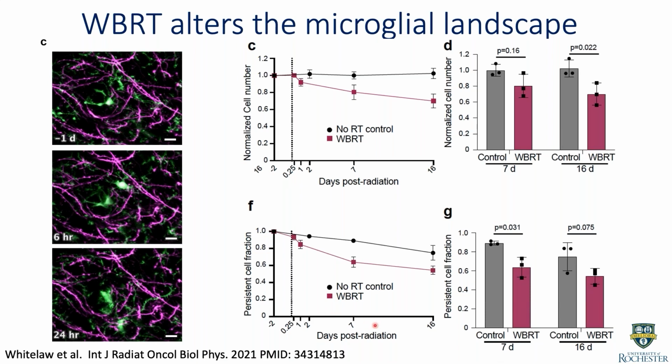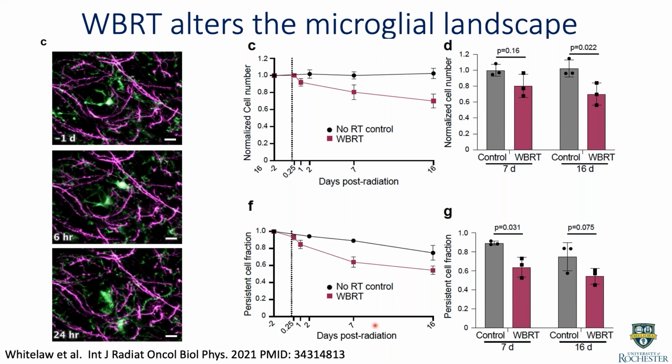So after 7 days, we saw significant changes in microglial landscape, and that was characterized by the apparent loss of microglial cells and a significant rearrangement of the microglial location with time after radiation. And about 36% of the cells were not found in their original location. There was movement as a consequence of radiation exposure.